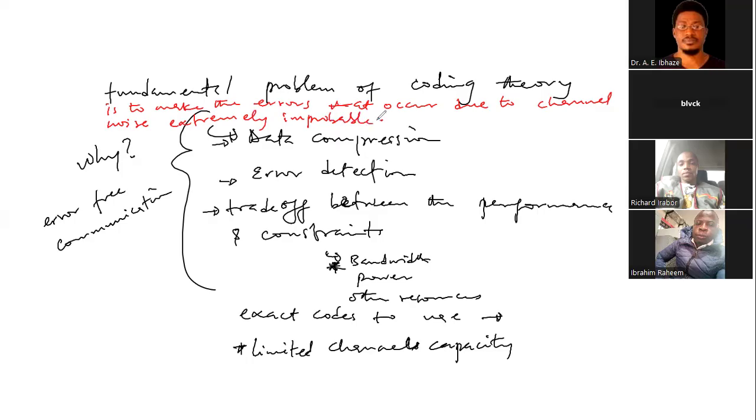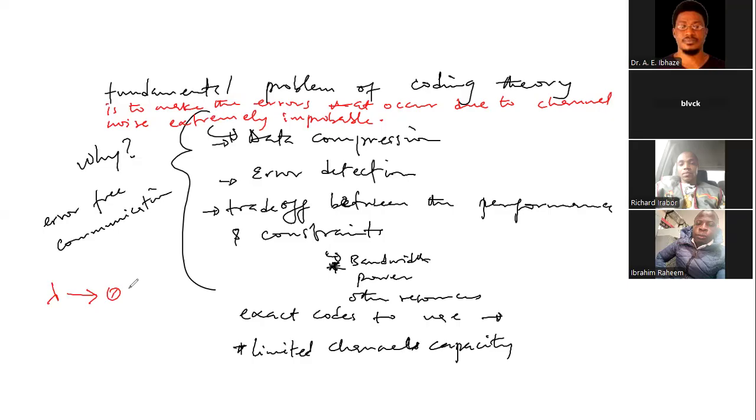So that is the fundamental problem we want to address with coding theory. We want to ensure error-free transmission, so we want the error introduced due to the channel noise to be as small as possible. We want the probability of error to reduce toward zero as we transmit over the channel.